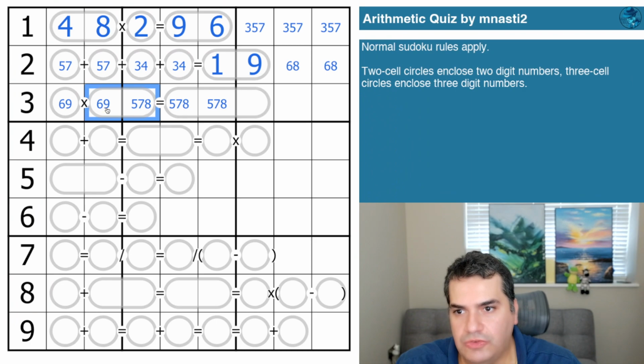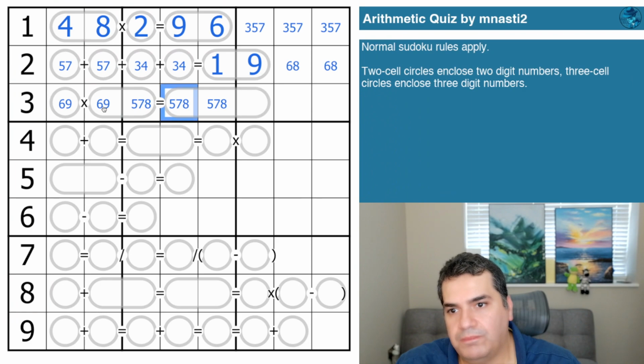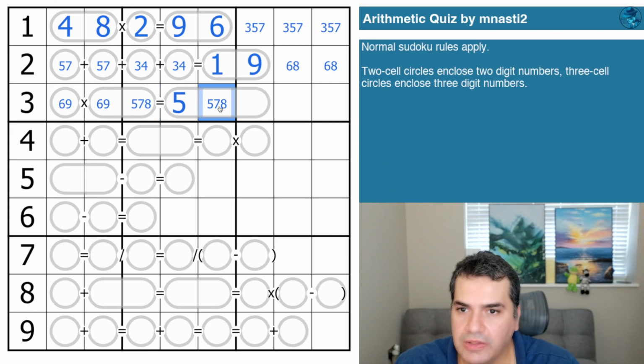So 90 times 6 is 540. So I'm fairly sure this is going to have to be a 5. Even if I make this 68 times 9, even if it's times 10, I can only get it to 680. And 6 is not available as an option. So this is definitely a 5.